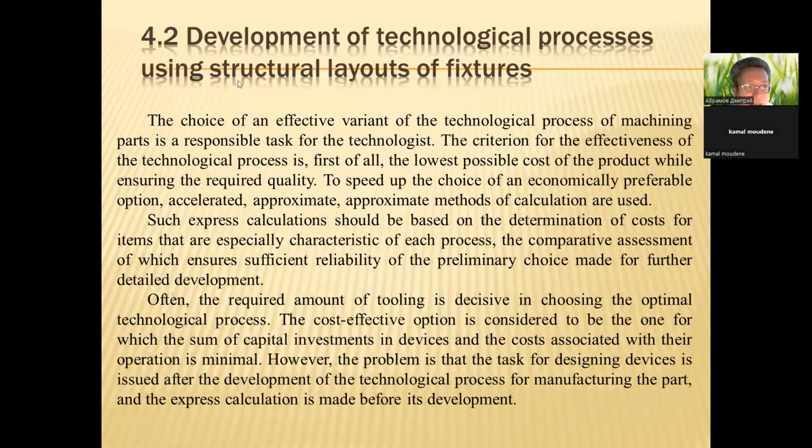And now we start item 4.2 of our lecture. Development of technological processes using structural layouts of fixtures. The choice of an effective variant of the technological process of machining parts is a responsible task for the technologist.